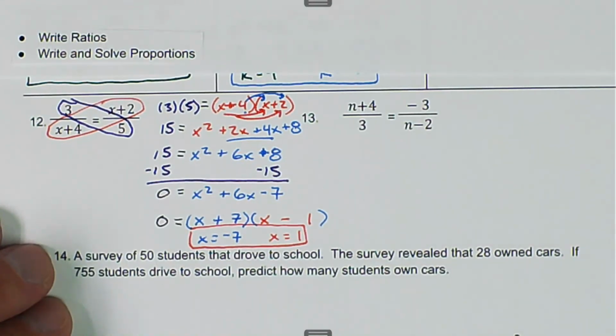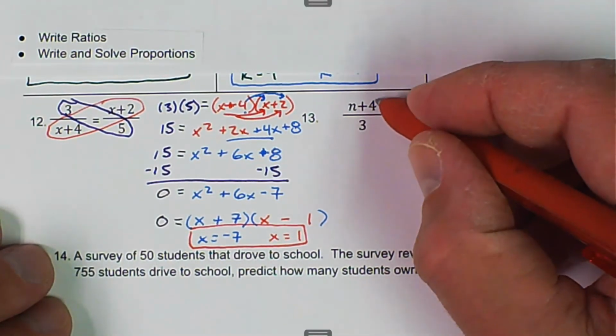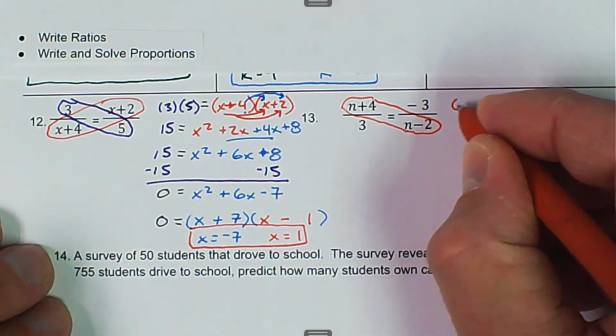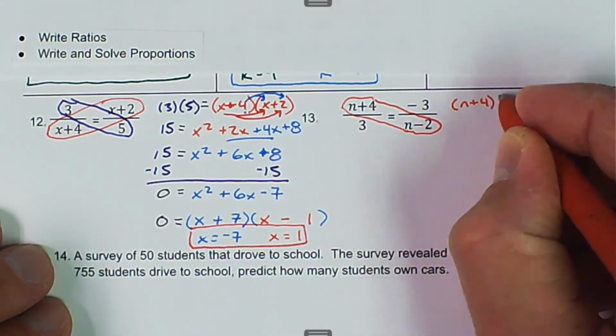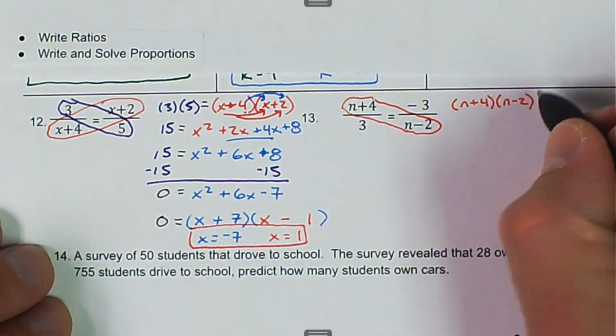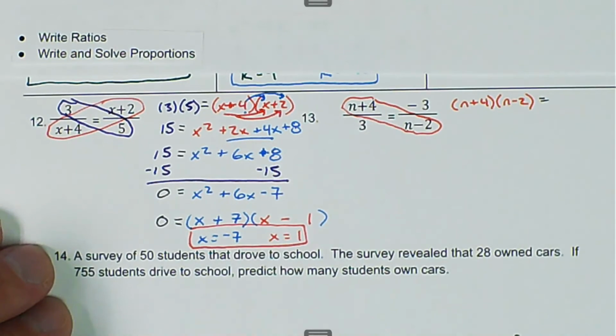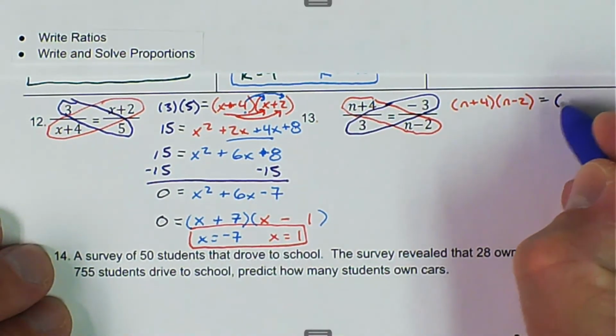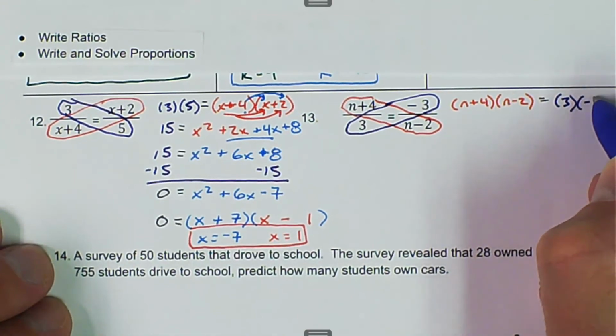Another example, we have our extremes, which is going to be n plus 4 and n minus 2. And that's going to be equal to our means, which is going to be 3 times negative 3.